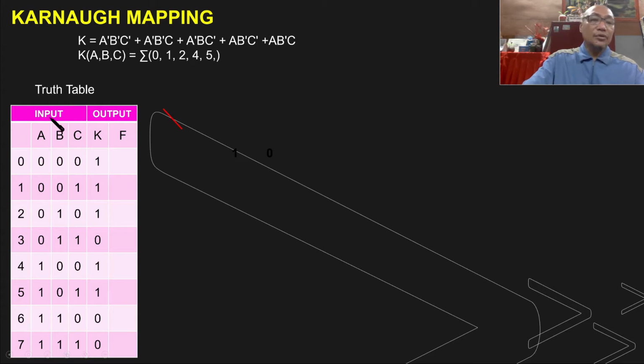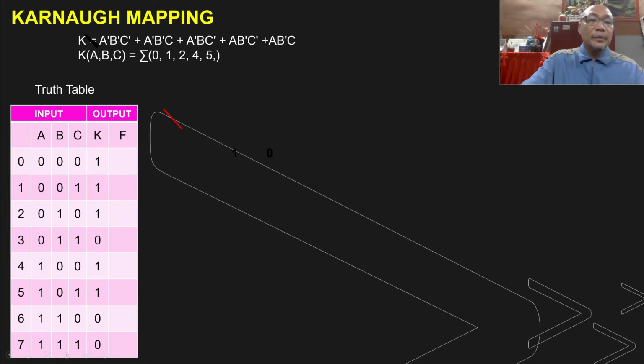Let's try to consider this equation now. Our input is equal to A, B, and C. Since there are three inputs, there can be a combination of 0 to 7, represented in Boolean numbers as 0 is equal to 000, 1 is 001, 2 is equal to 010, till such time that we reach 7, which is equal to 111.